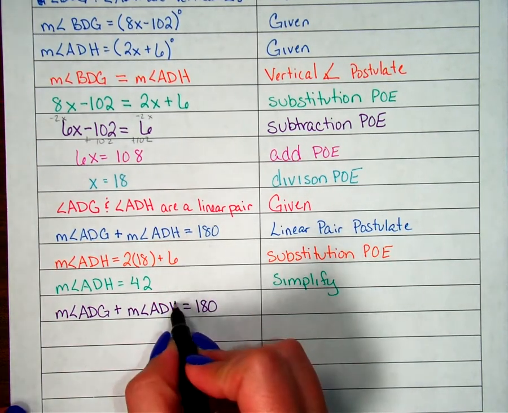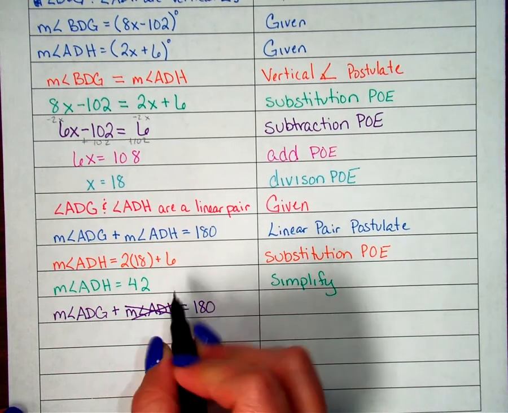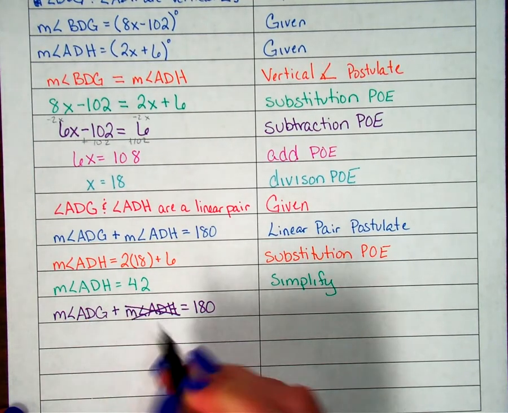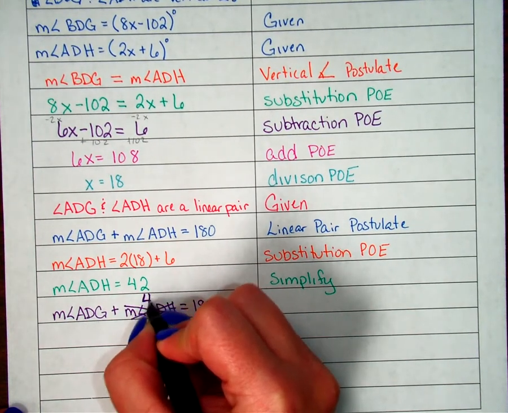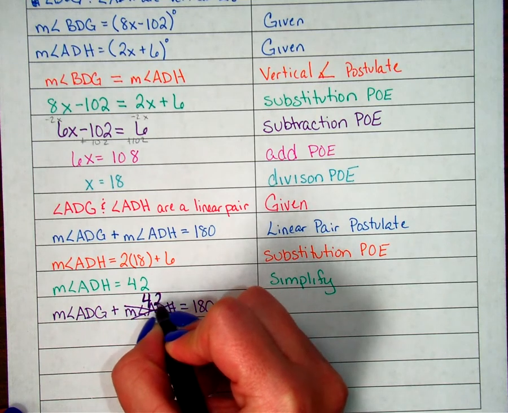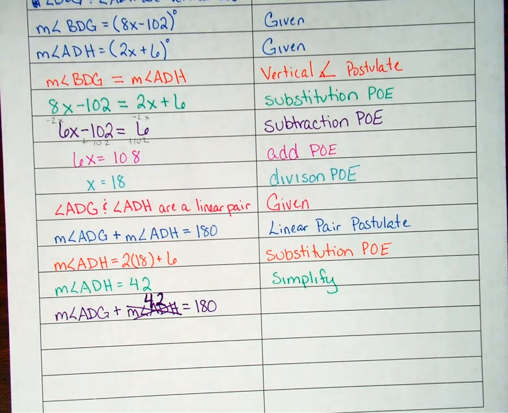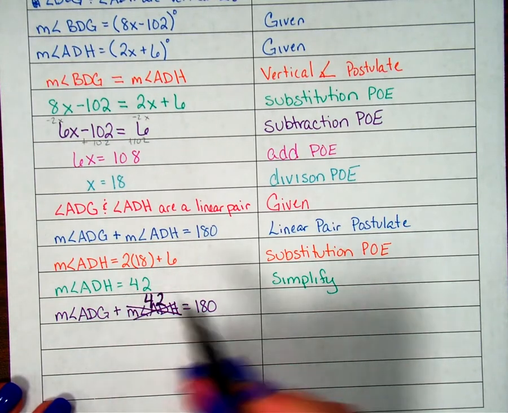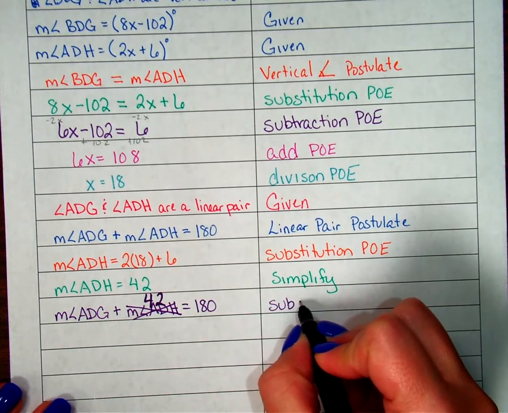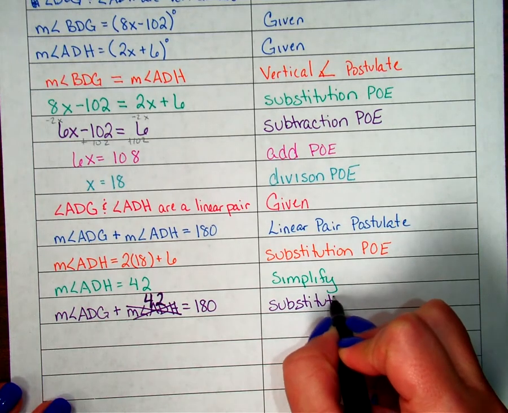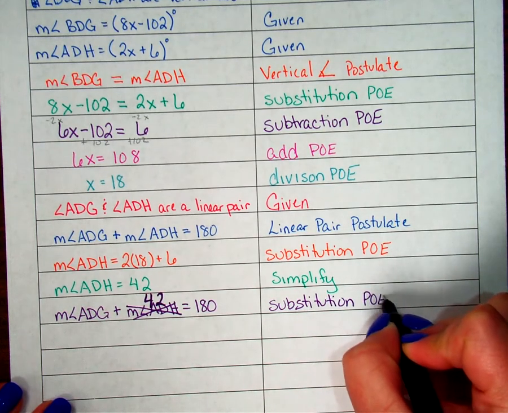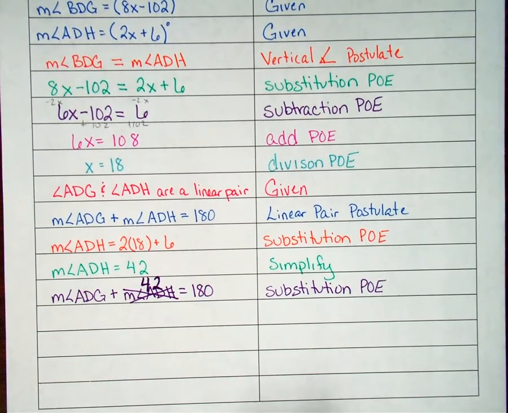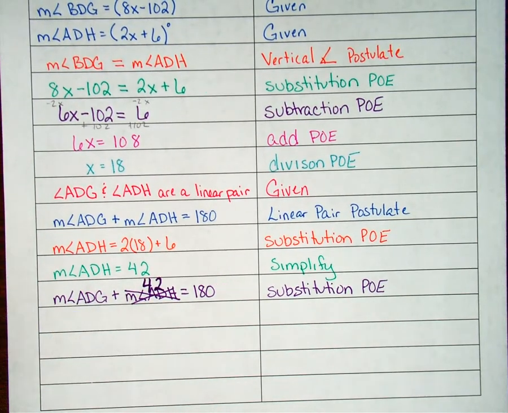We already have this written down, right? I know what ADH is. ADH is 42. I don't know if I have any whiteout handy. No, I do not. Okay, so I replaced the ADH with what it equals, 42. That is substitution property of equality.